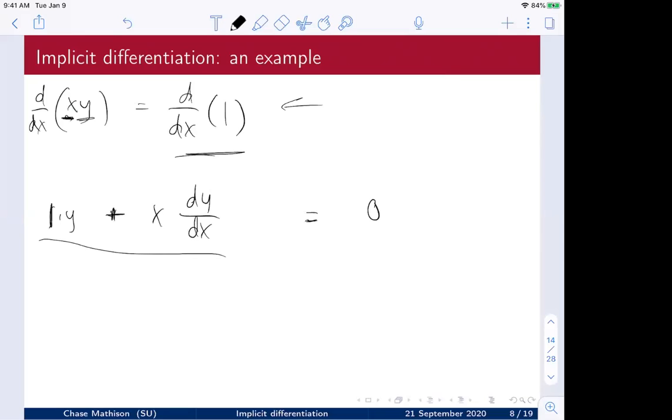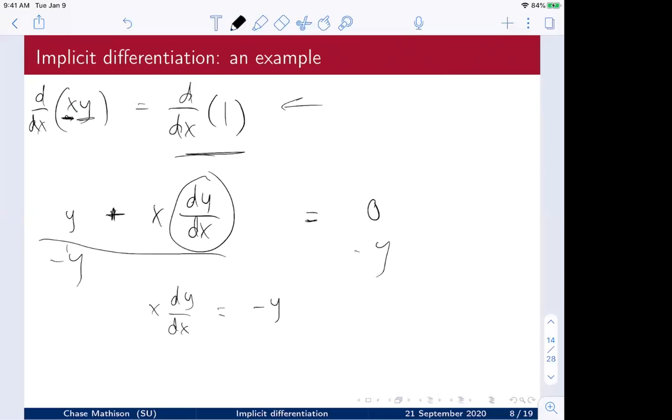So I wanted to find dy/dx. Now I just need to get this by itself, right? So how do I do that? Well, this y needs to move over here. I'm going to get x dy/dx is equal to negative y.